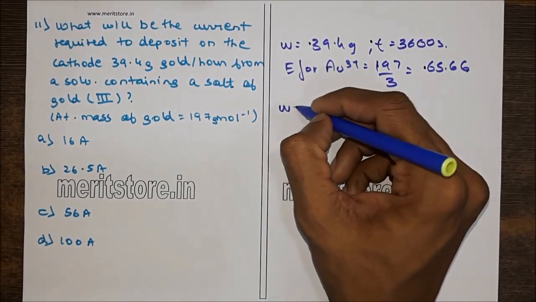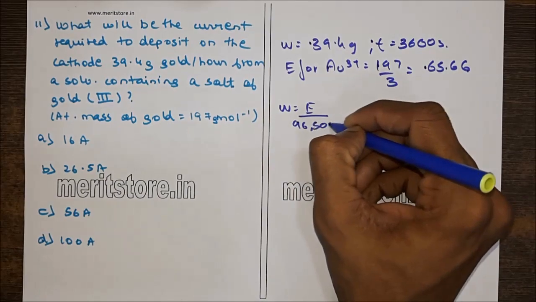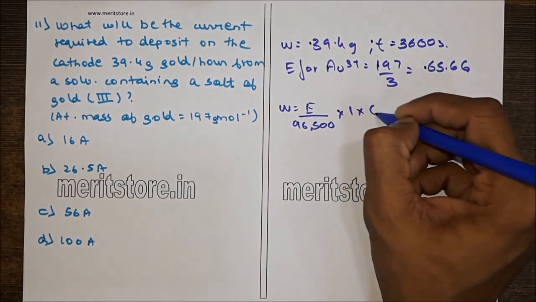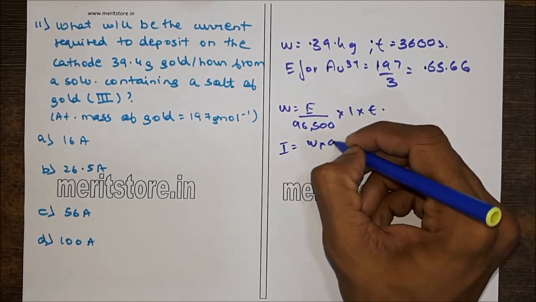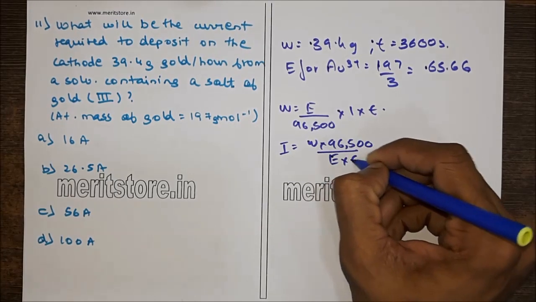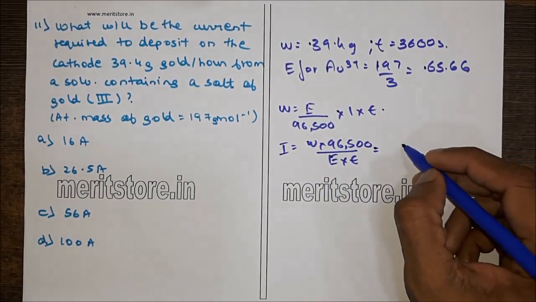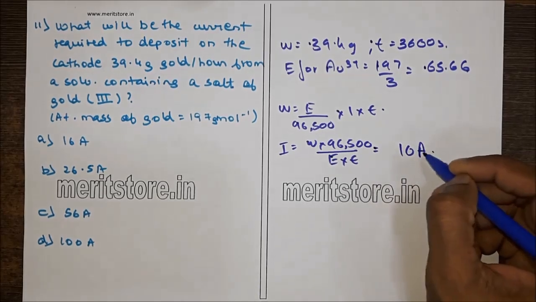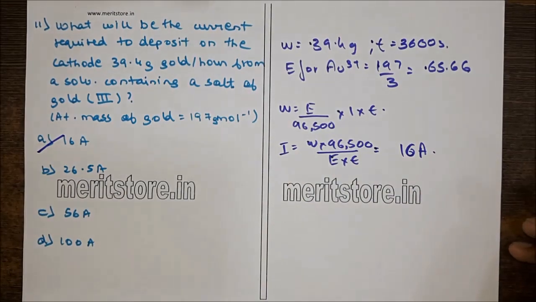So we have W is equal to E upon 96,500 into I into T, from which we get I equal to W into 96,500 upon E into T. When we substitute the values, we get an approximate value of 16 amp, which we see matches option A. Option A is the correct answer.